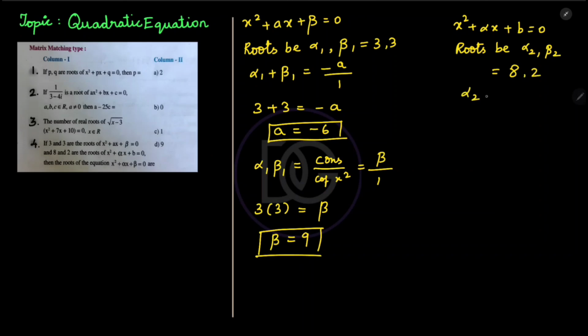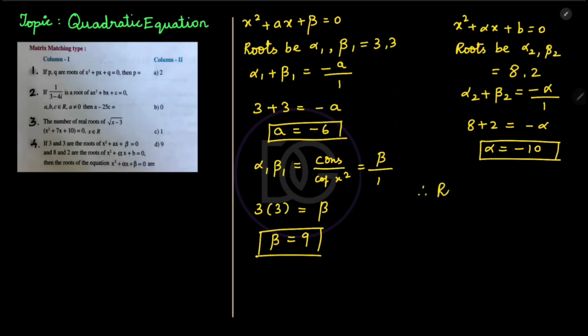Now the sum of the roots as usual, alpha 2 plus beta 2 equal to minus alpha by 1. So here 8 plus 2 equal to minus alpha. So finally alpha equal to minus 10. This is the value of alpha. Actually we want only the values of alpha and beta. Just conclude here. We have got the alpha value, likewise the beta value.